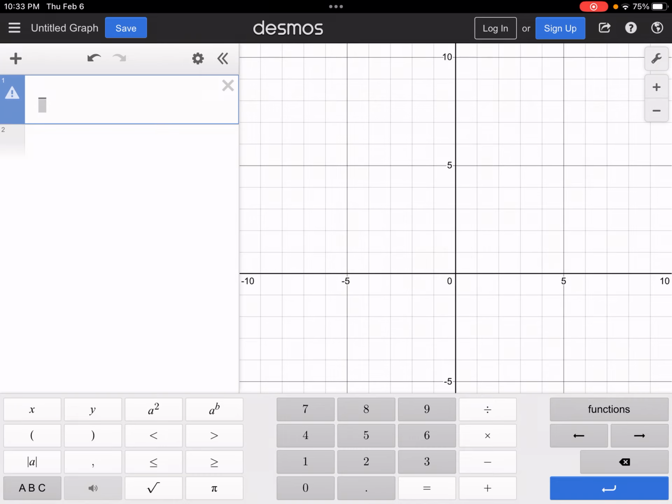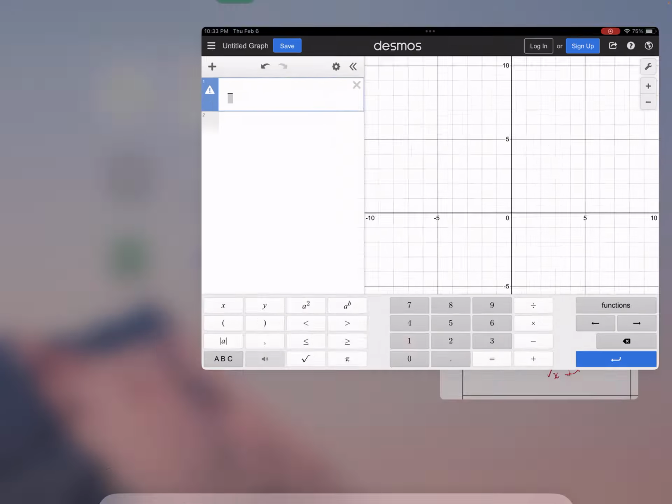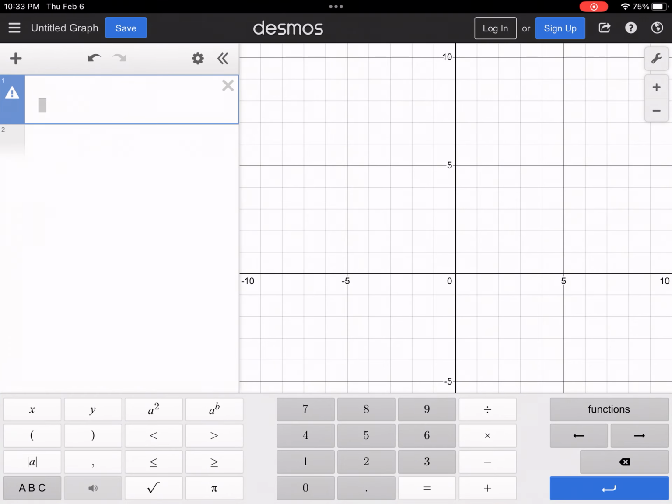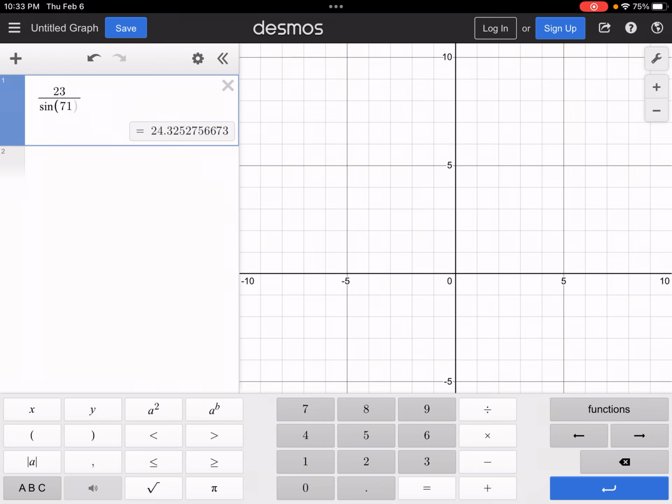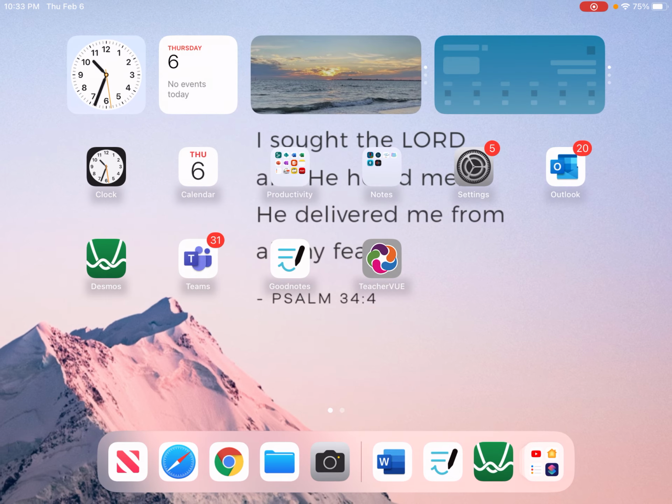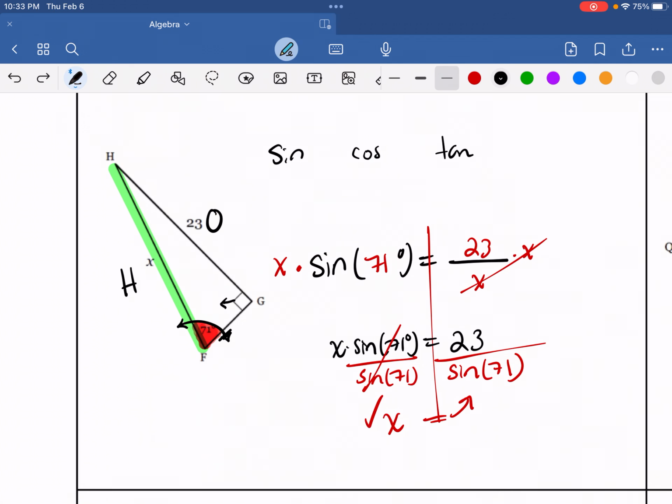So fraction, divide, and then I don't remember what it was, 23 divided, and on the bottom, sine 71. And that's our answer, 24 point, and then it depends on how you have to round. 24.3, I'm going to say for now. But sometimes I make you guys round to 3 decimal places. X equals 24.3. So that is how long the hypotenuse is, 24.3.